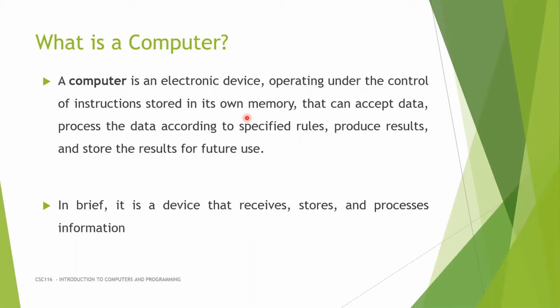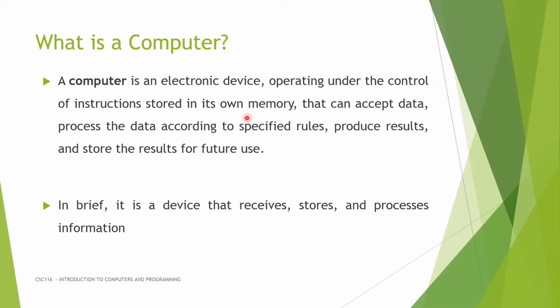Remember guys, anything that you can see that is an electronic device operating under the control of instructions, all of that we call a computer. Same as the handphone, watch, washing machine, we also call it a computer. Why?